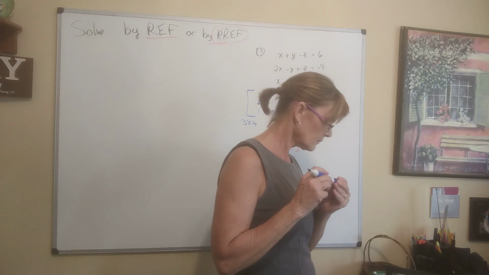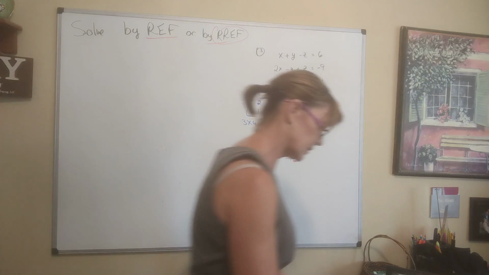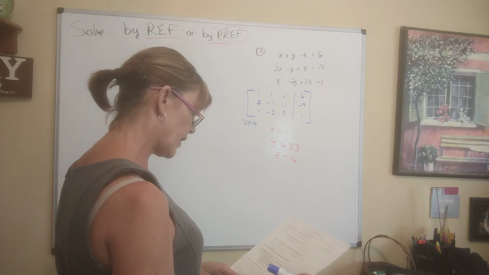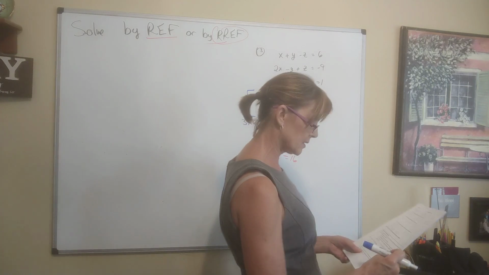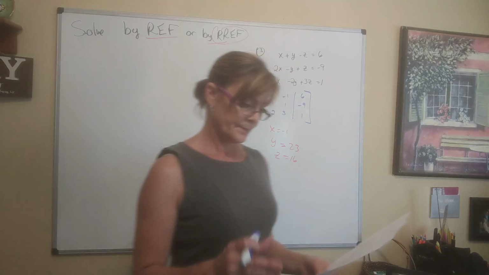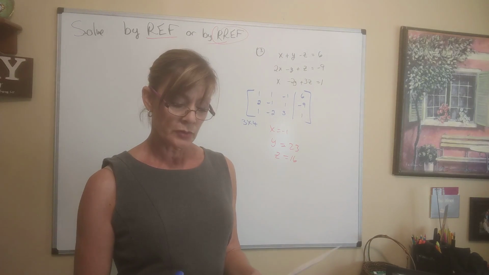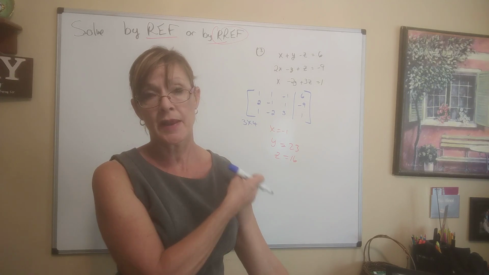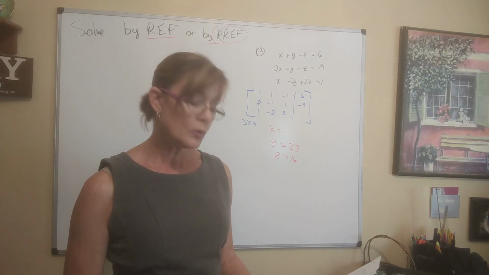So 3 kinds of teas are being mixed. One worth $4.60, one worth $5.75, and one worth $6.50 per pound. And they're being mixed in order to obtain a mixture that's going to be worth $5.25 per pound. And they're going to mix up 20 pounds of this.